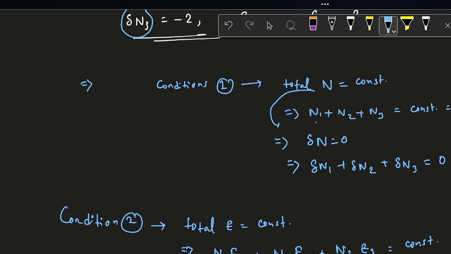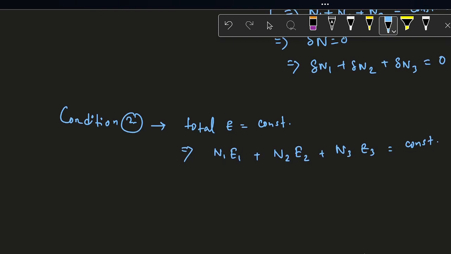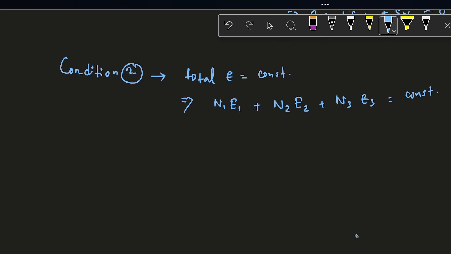Now, why have I multiplied n1, n2 and n3 with e1, e2, e3 respectively? Because e1, e2, e3 are just the energy of that cell per particle, so you have to multiply it with the number of particles present in that cell. So by going with that idea, you can again take delta E equal to constant.